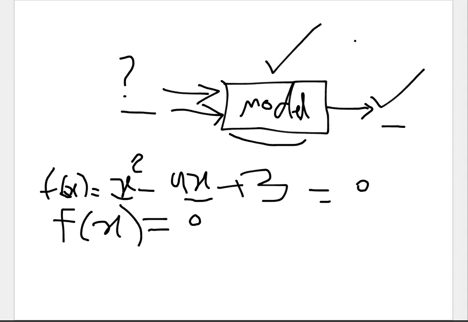So you have the output, the output is 0. You have the model, this formula is the model. But you want the input. We don't know the input. It is a problem that is optimization.